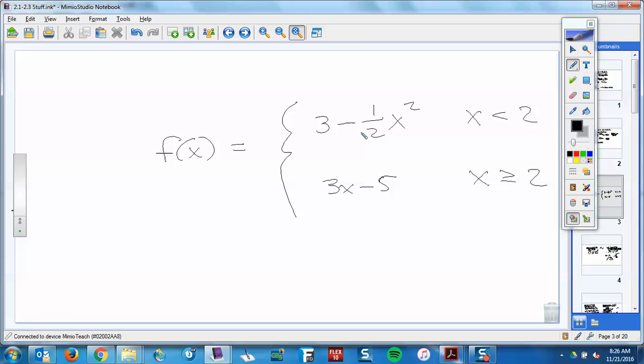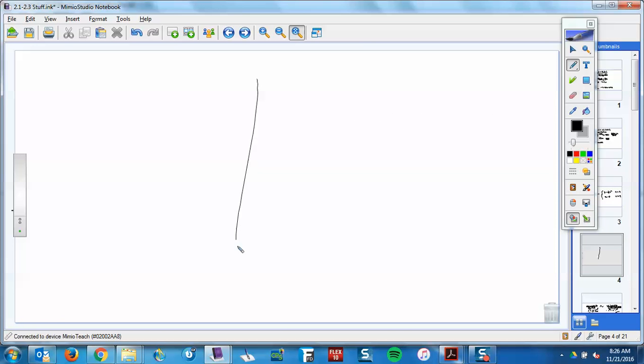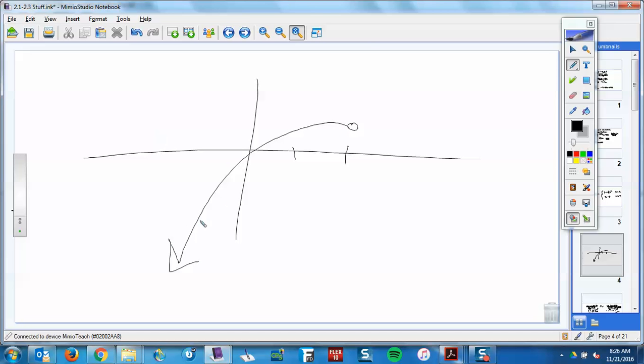Plug in whatever number you're at. I don't know what exactly this one looks like, but let's say we had that. The cars anywhere along here are going to meet at whatever the y value is, right?